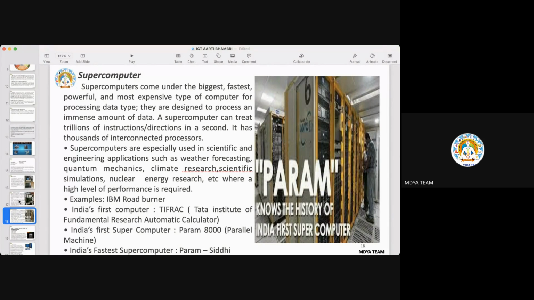The first computer is actually TIFRAC, made by the Tata Institute of Fundamental Research as an automatic calculator. They ask this, but nowadays they don't ask such straightforward questions.